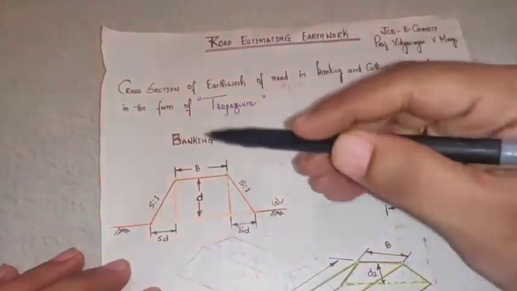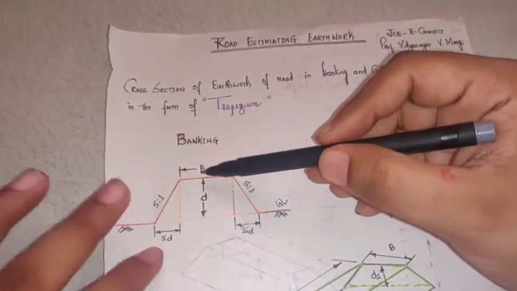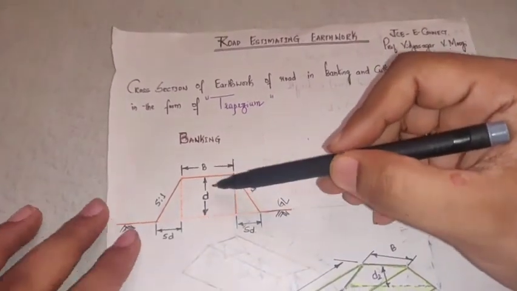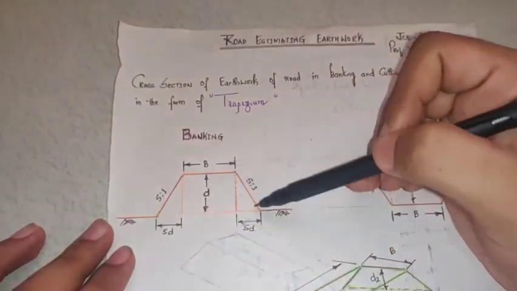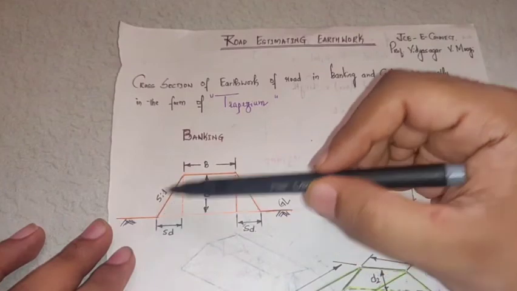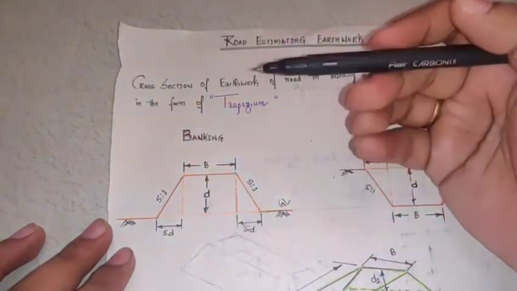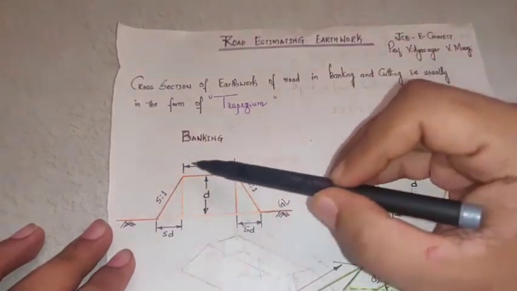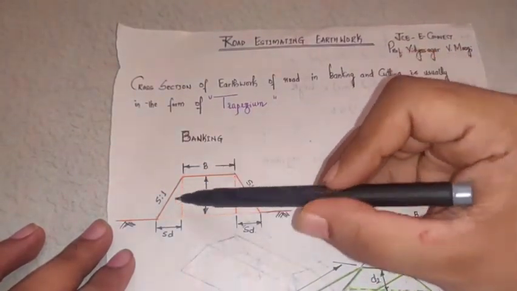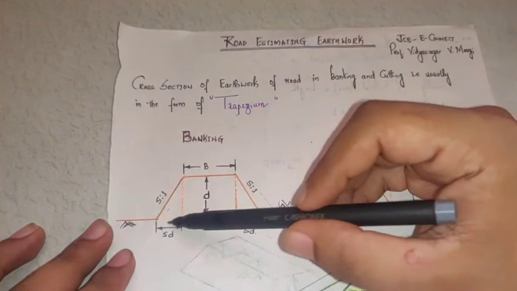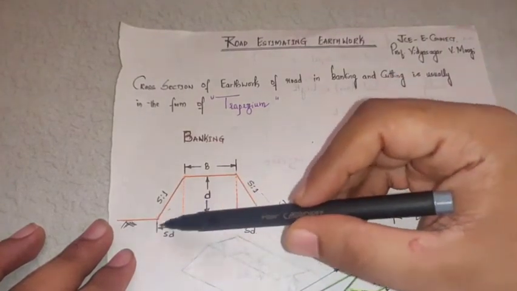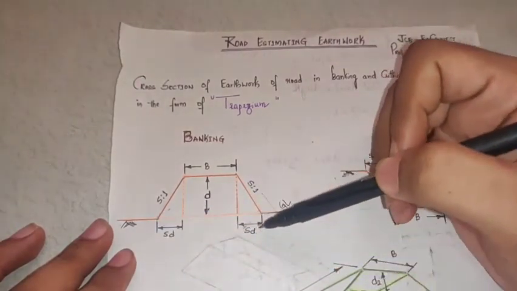If you see the profile, this is the width, this is the depth, and these are the side slopes. This trapezium, I'll explain that later. So this refers to the width, this refers to the depth, this refers to the cross slope, and the width of the remaining portion. So it is S into D, S into D.